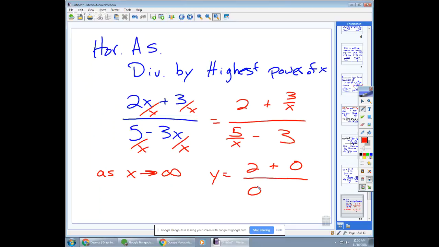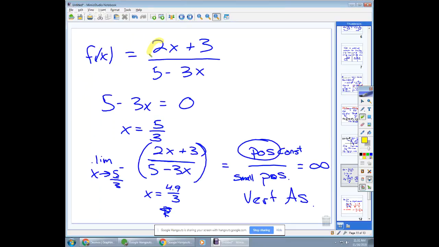So I have 0 minus 3, and so the limit is 2 over negative 3. So in general, it's going to be the ratio of the leading coefficients. The leading coefficients, if you look back at the original, are the things multiplied by the x. So 2 over negative 3 in that case. And that's how you find horizontal asymptotes.